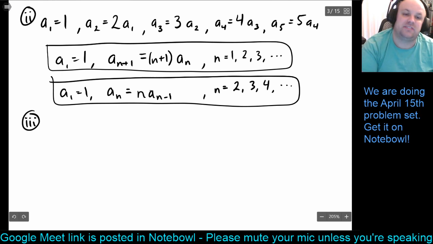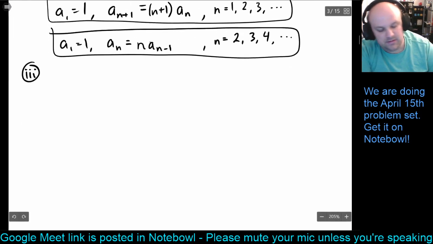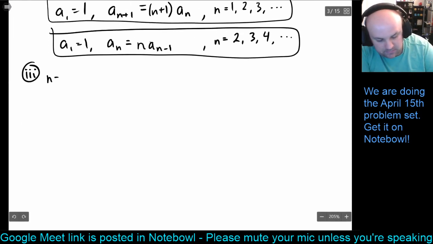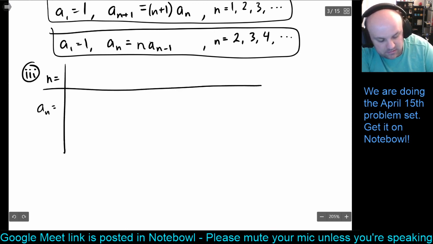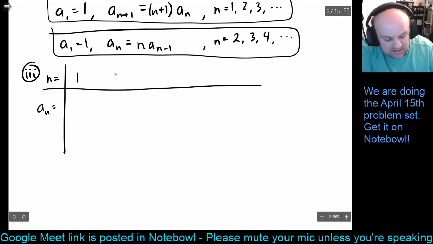So now for the more interesting part, which is finding the explicit formula for this one. So I'll make the chart again. N equals, a_n equals. I always like starting my sequences with n equals 1.